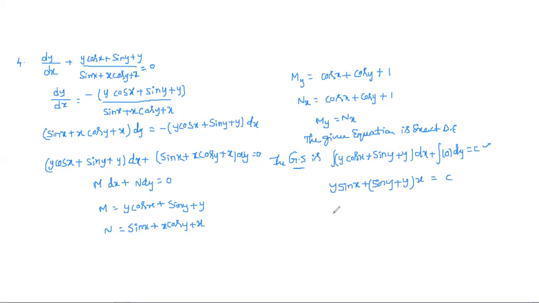Therefore the general solution is y sin x plus, multiplying x inside, x sin y plus xy is equal to c. So this is the general solution of the given differential equation. So like this we need to do problems on exact differential equations.